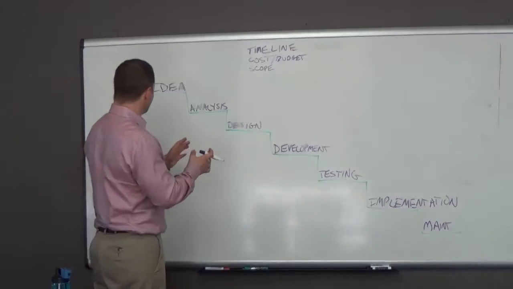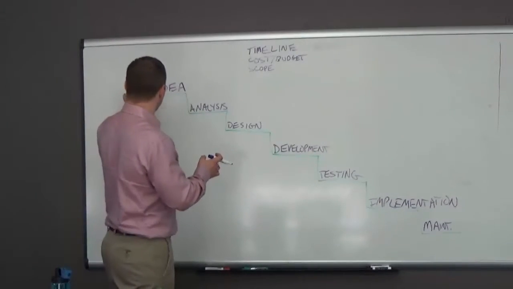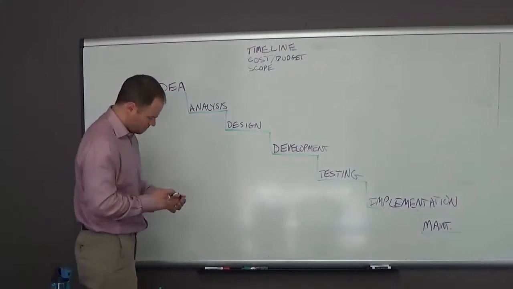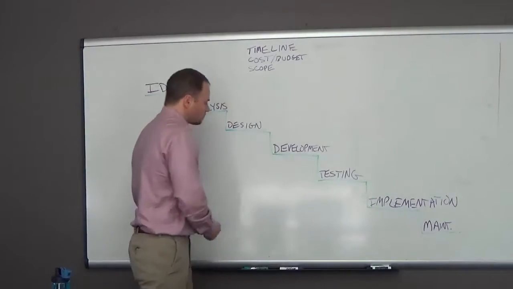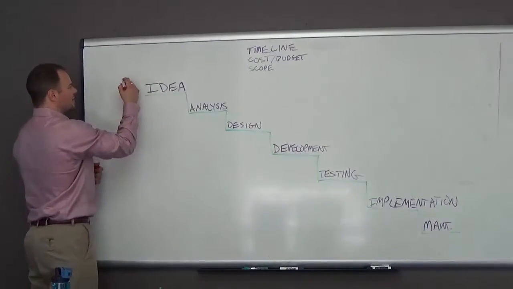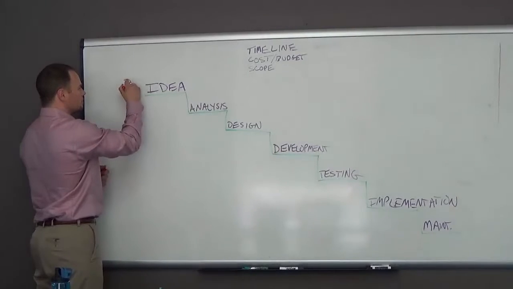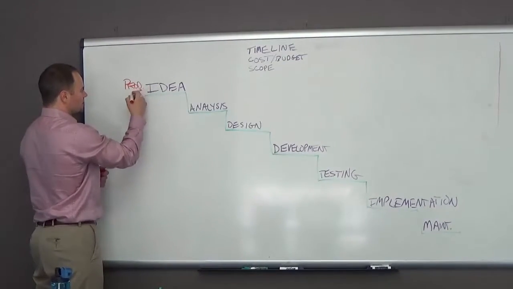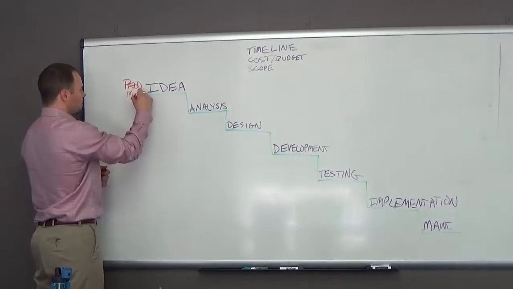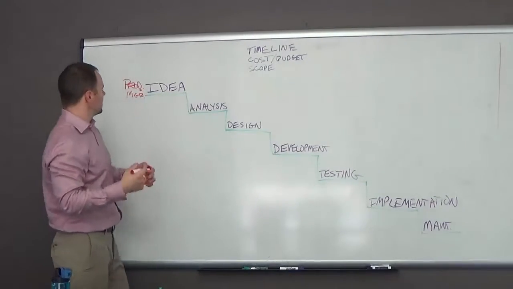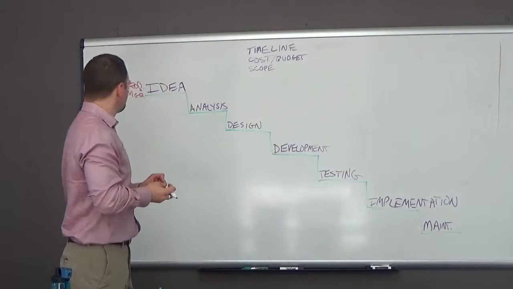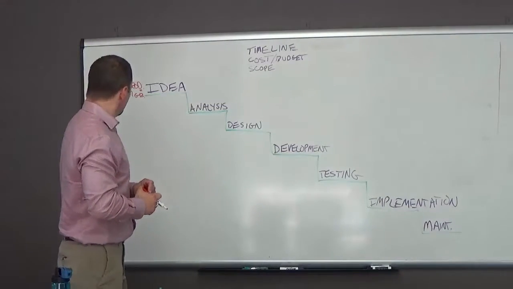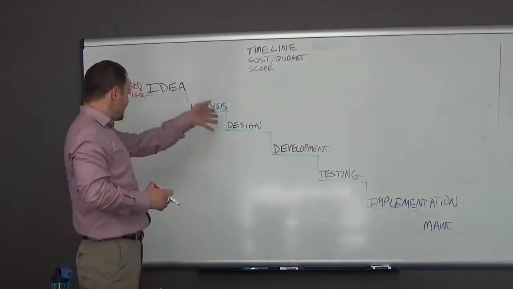So in that sense, this person responsible for the idea is referred to as the product manager. Again, for the sake of expediency, we'll abbreviate as we go. Product manager. So the product manager is going to come up with the idea.